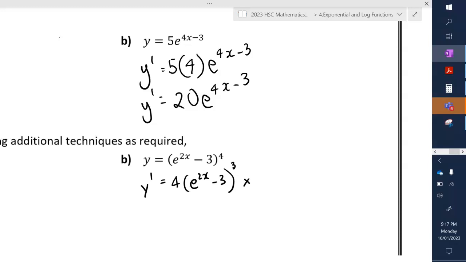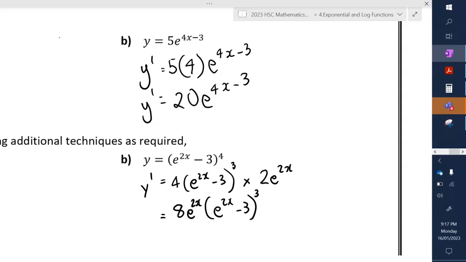The derivative of what's inside that bracket is the derivative of e to the 2x, which is going to be 2e to the 2x. The minus 3, when we differentiate that, we don't get a value, but now we need to neaten it up. The 4 times the 2 gives me an 8. The e to the 2x goes out the front, and I've also got e to the 2x minus 3 to the power of 3.